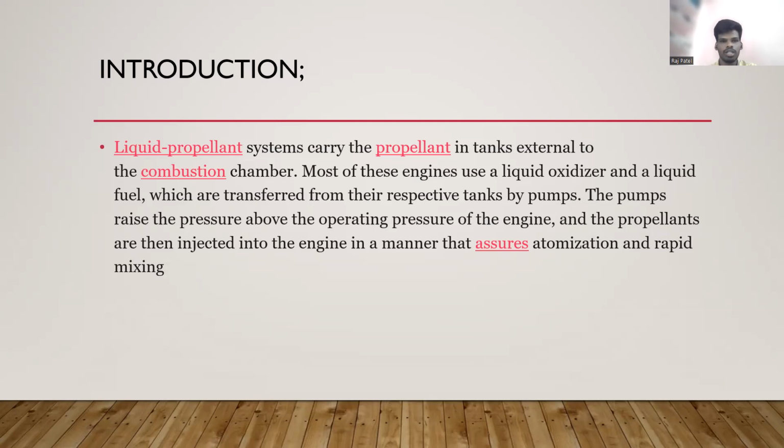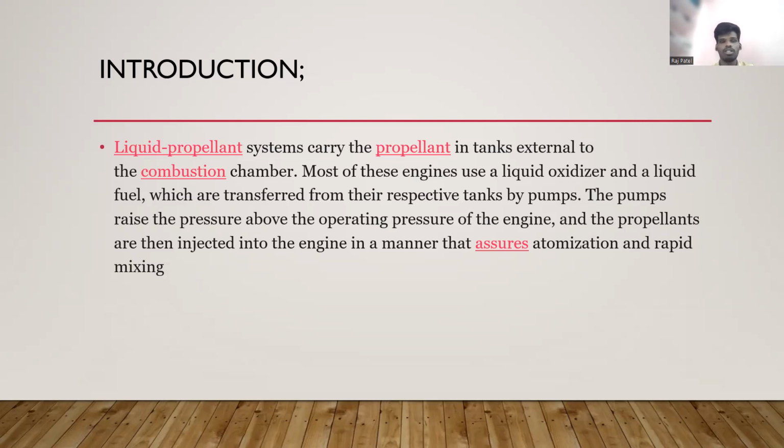This is the basic principle of a liquid propellant engine. The liquid propellant and oxidizer come from their respective tanks, and pumps are used to transfer the fluid from lower energy to higher energy.